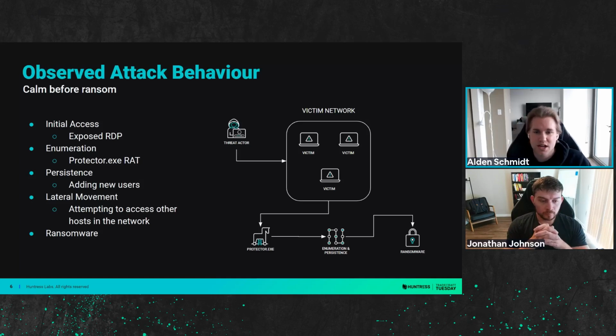They were adding new users and trying to set up different ways of staying on the system, even though ideally the system would be pretty much useless post-encryption. They were also doing standard lateral movement, trying to enumerate the network and figure out if they could pivot and ransom other hosts in the network.